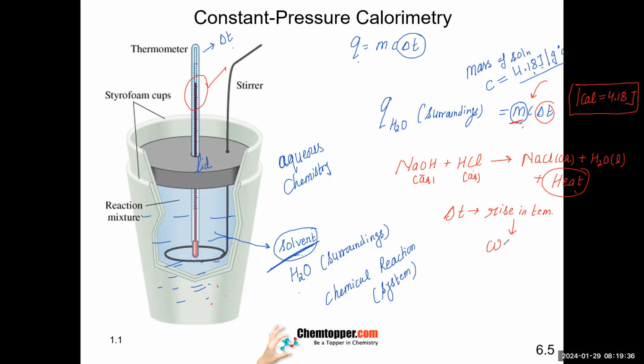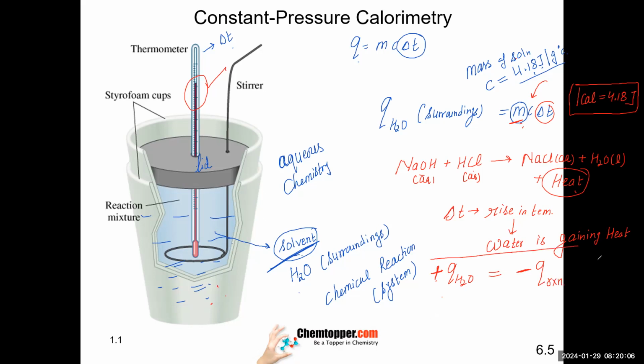That water is gaining heat. Then who is losing heat? Water is the surroundings, so Q of the water is positive, is gaining. But then who is losing? This reaction. Minus means losing, Q reaction.